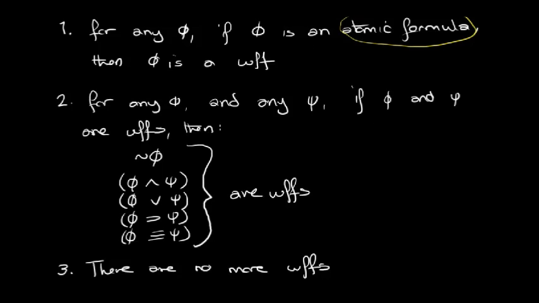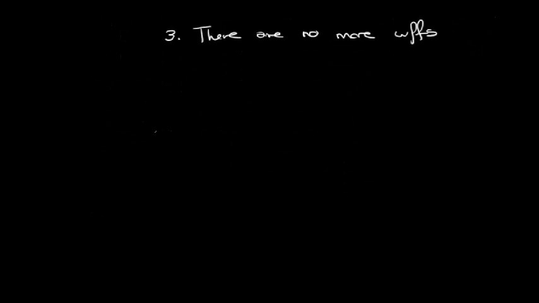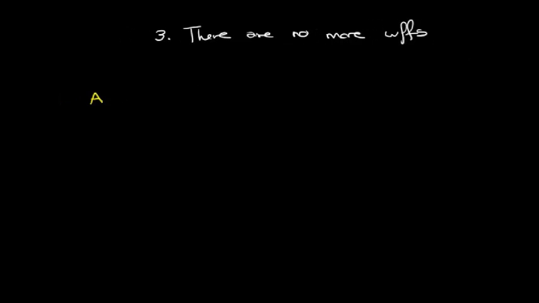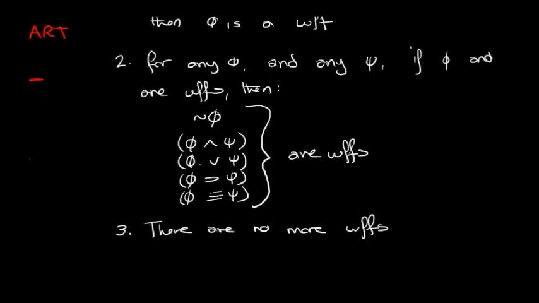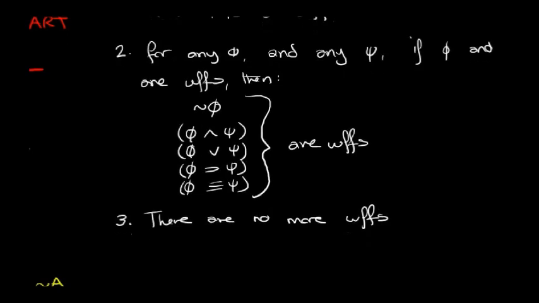Now let's look a little bit more at the use of phi and psi in these rules. The great thing about them is that suppose we have just a sentence letter, A, and we want to make a well-formed formula. Well, it's already a well-formed formula, but suppose we now want to add on a tilde. We know that that's well-formed because our rule above says that for any phi, if phi is a well-formed formula, then not phi is a well-formed formula.